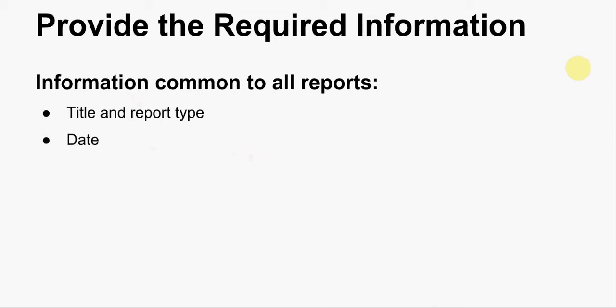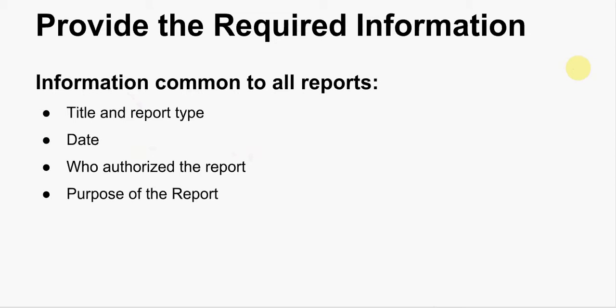You must have a date on it. These are just trivial things, but they have to be there. If they're not there, then that's not good. Who authorized the report is another important thing. The report was authorized by a certain agency or by a certain department of a company, by a company committee, whatever it is. And the purpose of the report, very important.